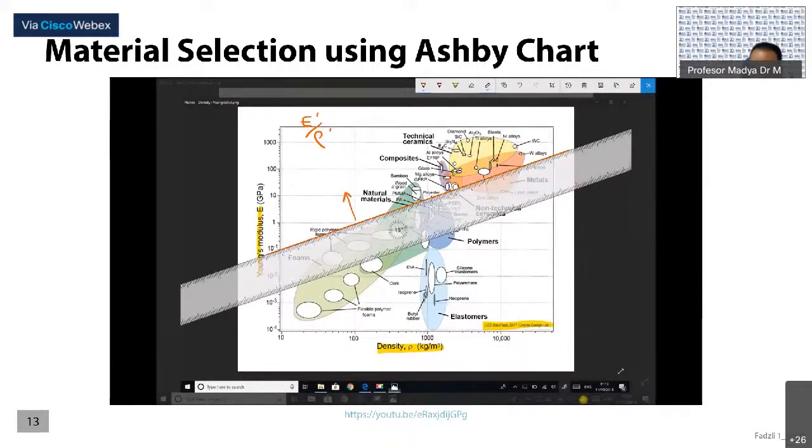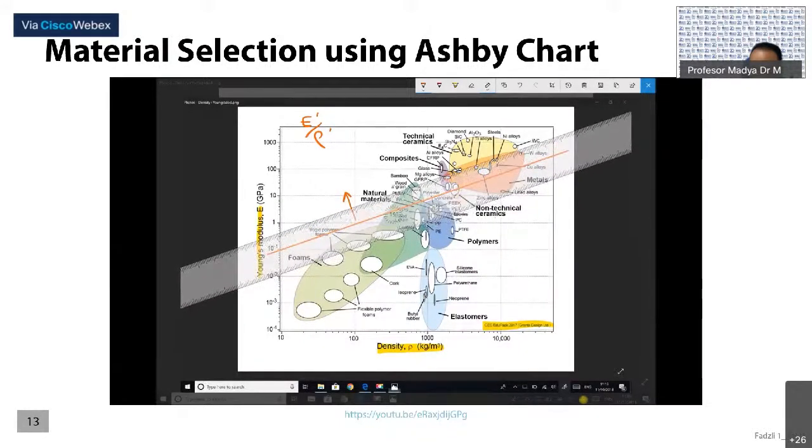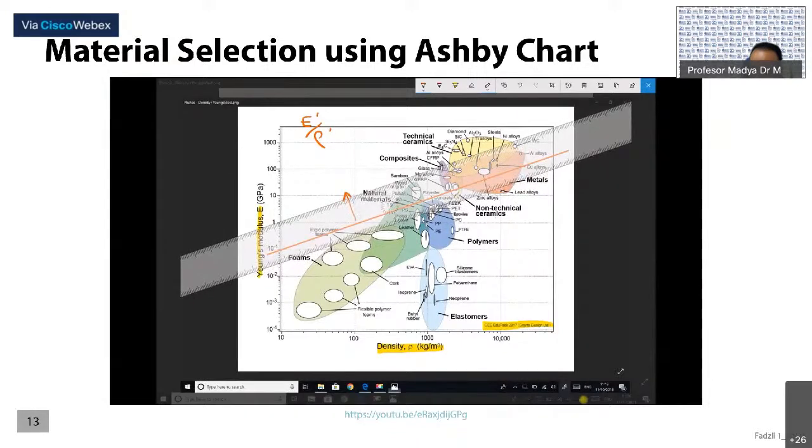So as we move this in that direction, what we notice is we get to a point where there's very few materials remaining. Once again, I'm going to overlap our carbon fibre reinforced polymer. So let's just add a line here. So overlapping our carbon fibre reinforced polymer there, we can see very few materials that are still in the running.